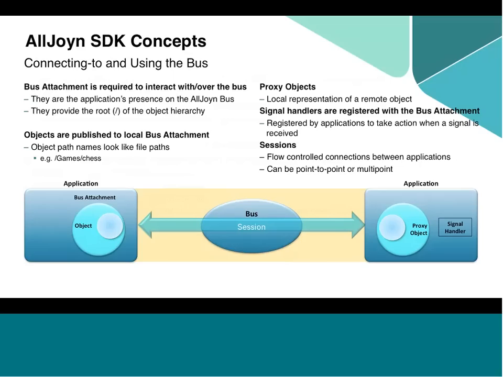The side on the left is more the service side, and the side on the right that has the proxy object and the signal handler is more the client side in this type of application model. Now again, they can switch roles and they can both be clients and servers at the same time. But what this is showing is that you can start to execute from one side, and all the methods will flow over the AllJoyn distributed bus. And it really is a way of blending and combining the two applications to be one. So you're almost adding a library on another device into your application.